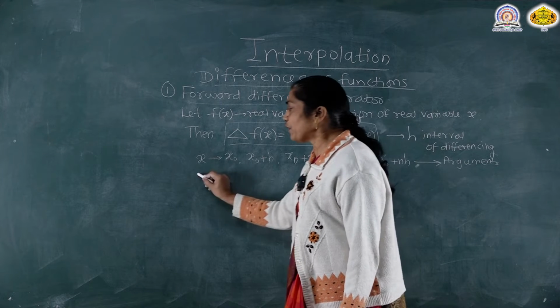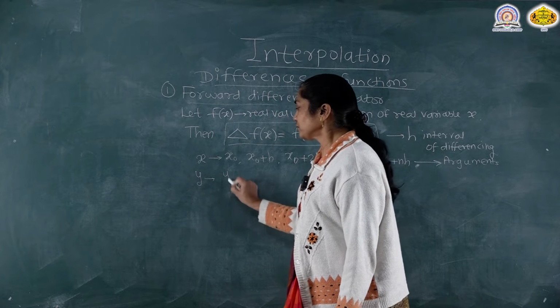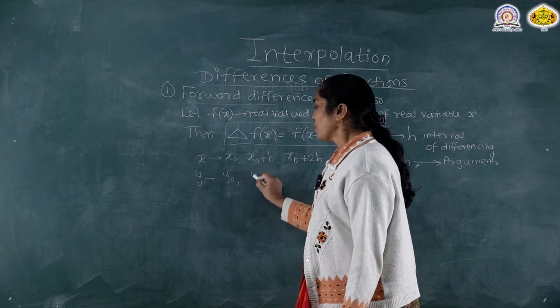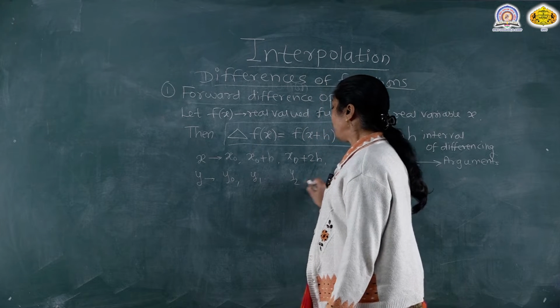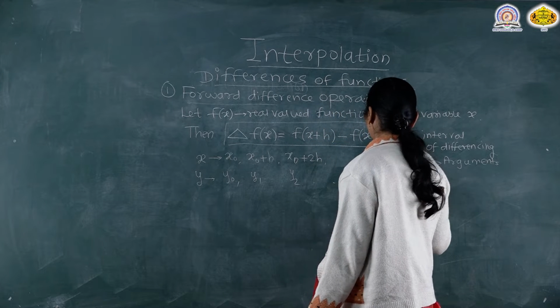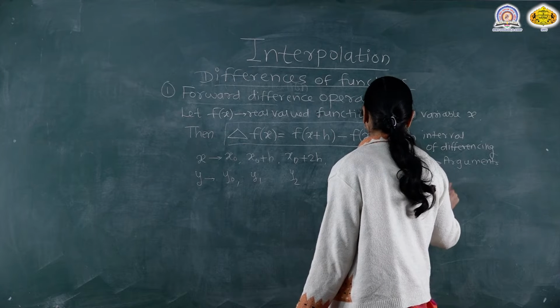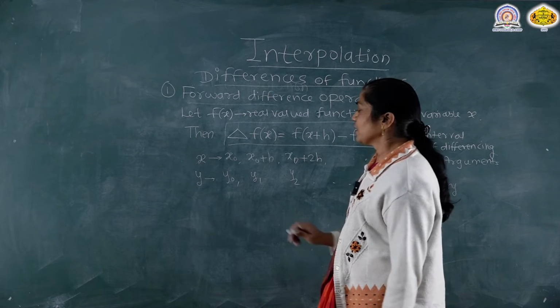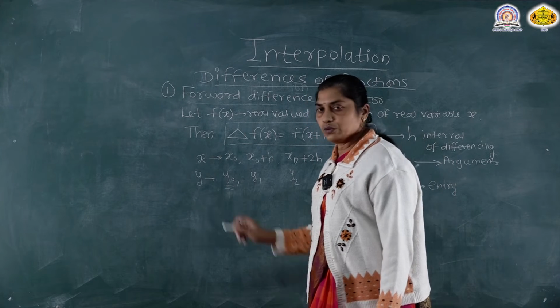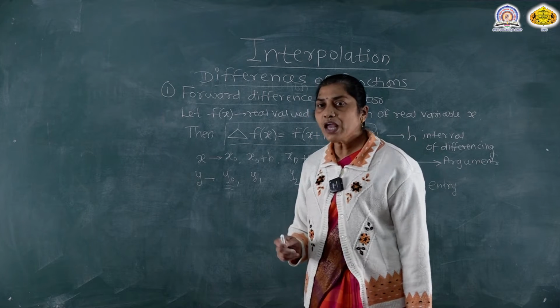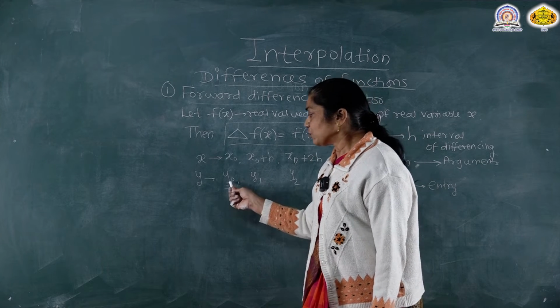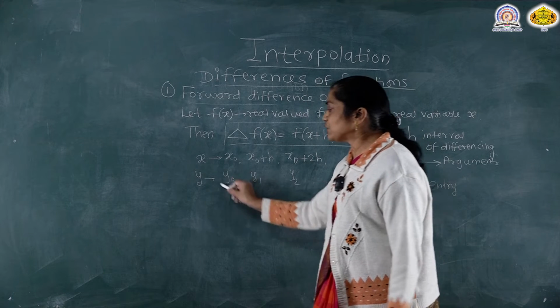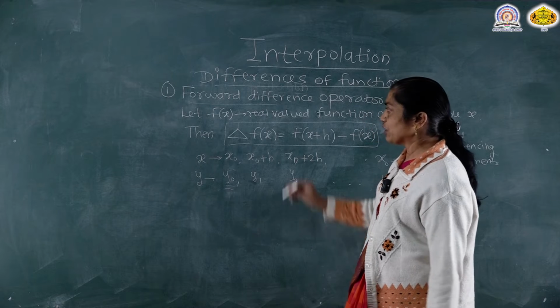Whereas the corresponding values of y are y0, y1, y2 and so on up to yn. These are known as entries. The first value of y, this value y0, is known as leading value.